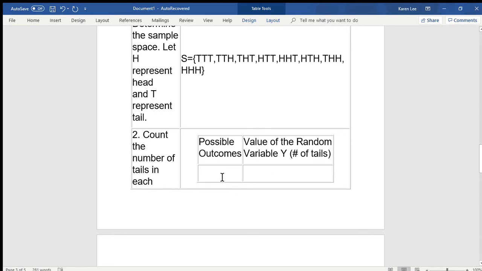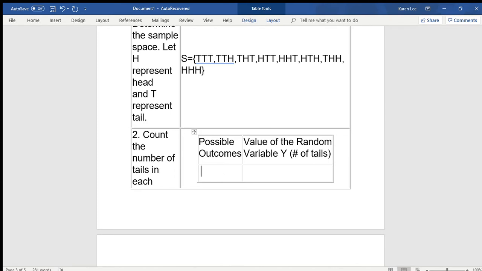Second, count the number of tails in each outcome in the sample space and assign this number to the outcome. So, we will write again the possible outcomes that we wrote earlier. This is all in the sample space.